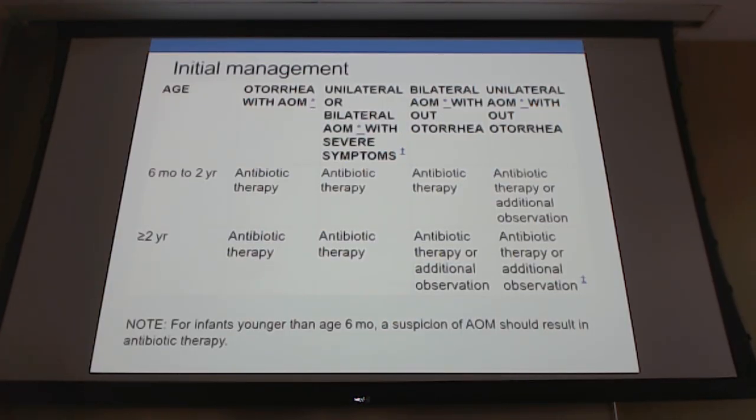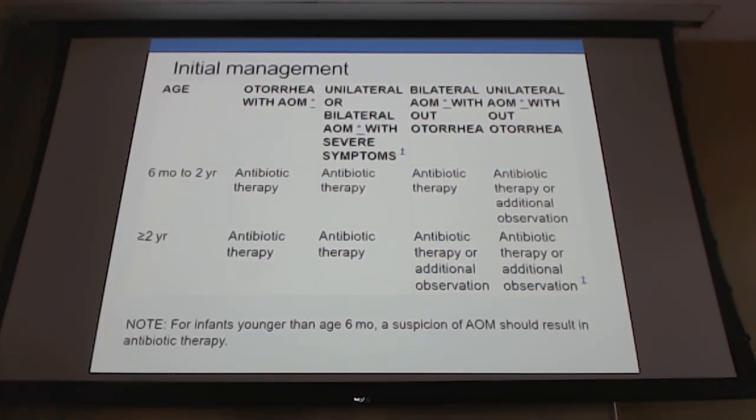So we're not talking about under 6 months. We are talking about the age range mostly between 6 months and 2 years. So the ones that are highly likely to get this, their anatomy is primed to have this be a pathology, and they are susceptible to having a reaction to amoxicillin if we give it.